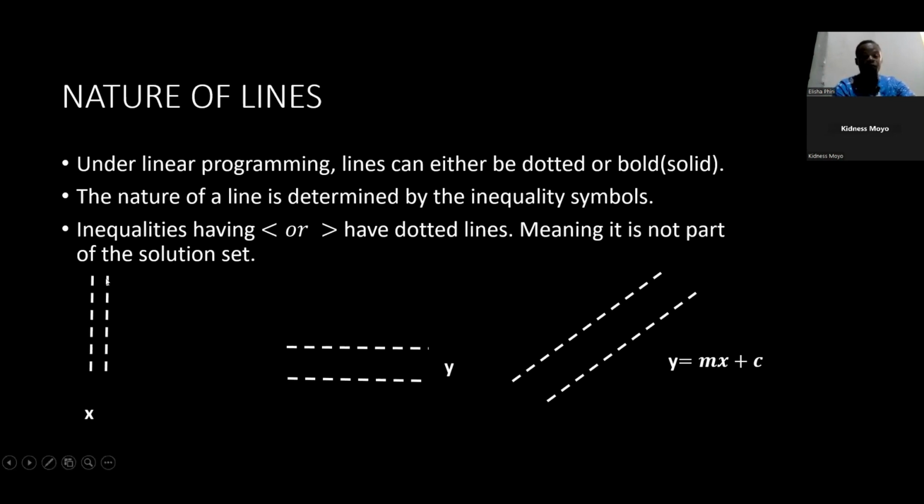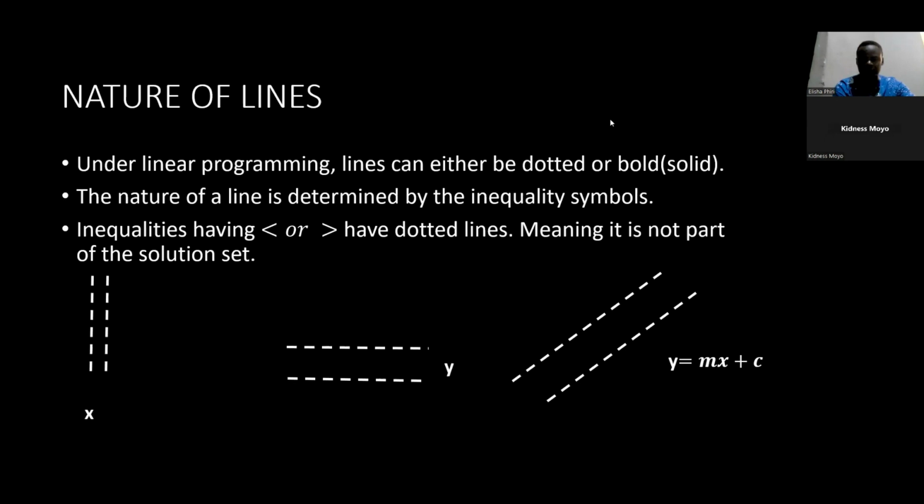So if we have dotted lines, then you need to know you're dealing with the less than or greater than inequality symbols. Hence we have these which are vertical, yet they are dotted. And these are actually lines which are given by the inequalities.